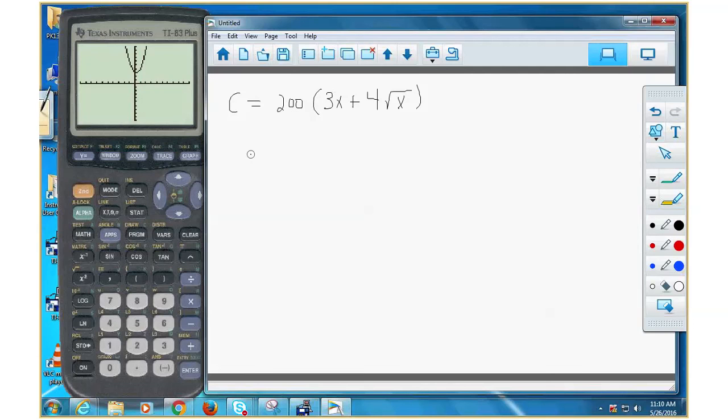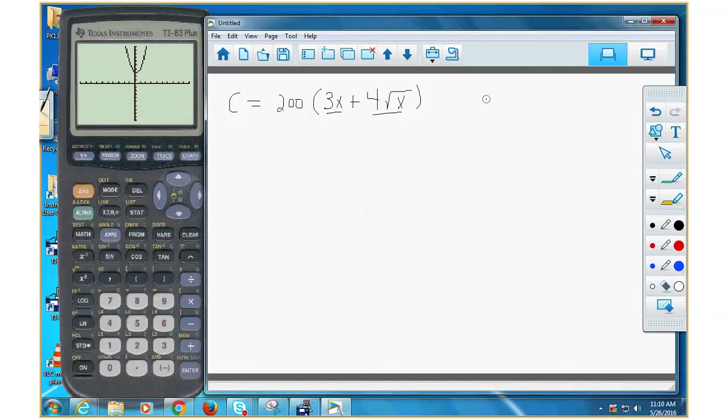Just like, you know, when you factor out something, you can distribute it if you want to and do it that way. You're still going to get the same thing. As long as those parentheses are there, you don't have to mess with this 200. Or you can do it the hard way and distribute it and include it. So we're just going to leave it outside and not fool with it. You're going to take the derivative of this guy and this guy.